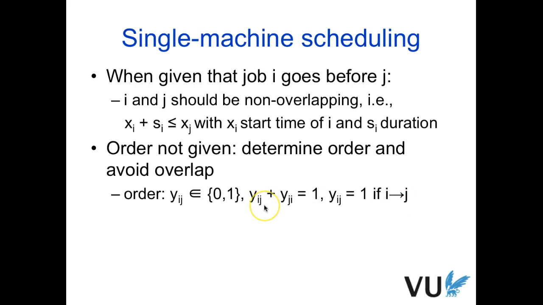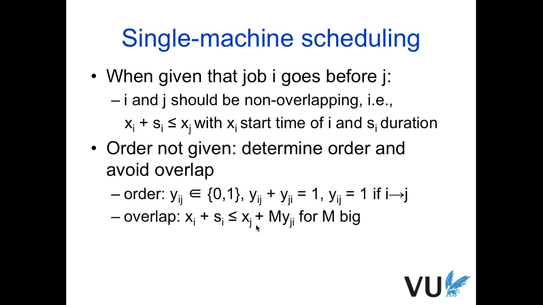And of course either i goes before j or j goes before i, their sum is 1. And now we have an additional constraint in which you will see the y's occurring. Here it's the same constraint as we had before, but we added this term here, and we have it for ij and ji. So we have twice this equation, with the second one with i and j interchanged.